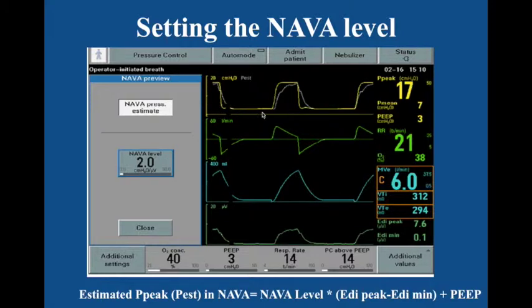There are two waveforms, this one and this one. The gray curve shows the estimated pressure based on the Edi signal and the set NAVA level. NAVA preview is available in all invasive modes of ventilation except NAVA.